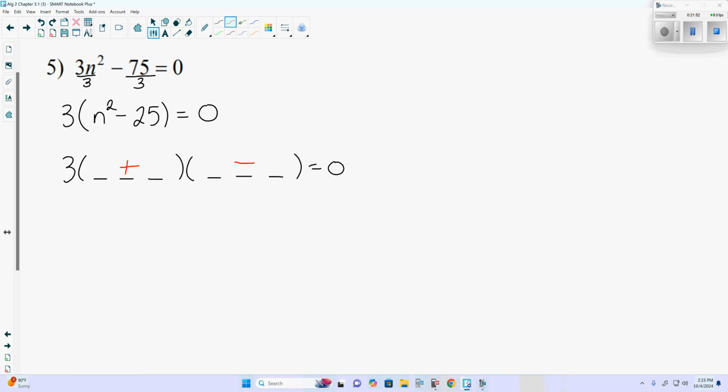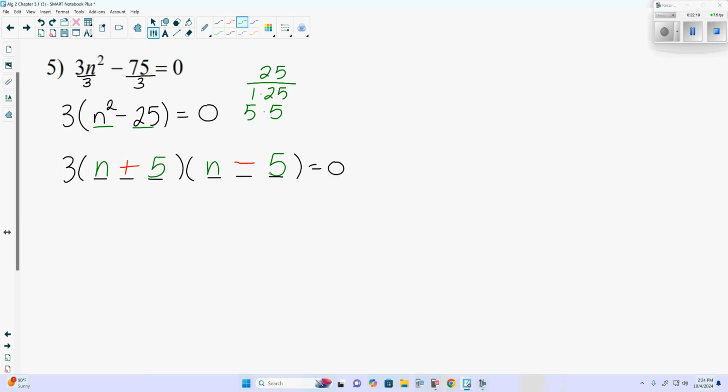Factors of the first term, factors of n squared are n and n. Now the factors of 25, our third term, are 1 and 25, or 5 and 5. 5 and 5 might be a little bit easier to check first, because even if we do flip those 2 5s, it gives us pretty much the same thing.